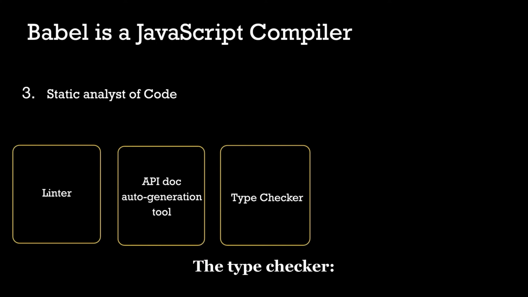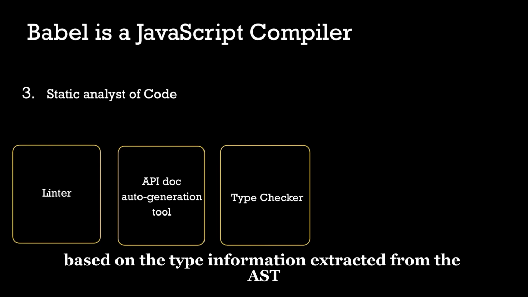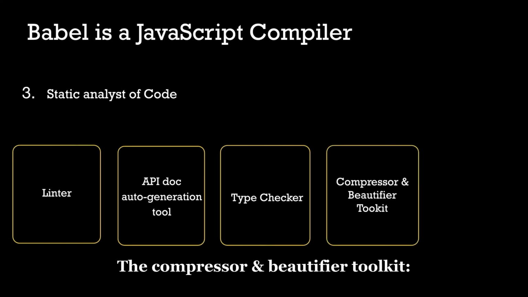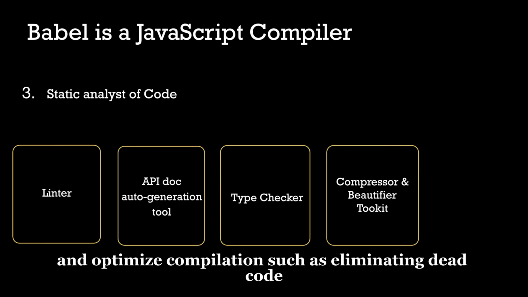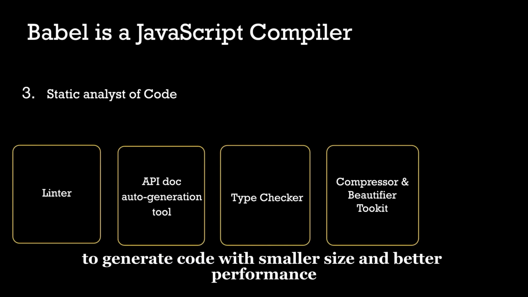The type checker will check the AST for type consistency based on the type information extracted from the AST, thereby reducing errors caused by types at runtime. Next will be the Compressor and Beautifier Toolkit. It's used to analyze the code structure and optimize compilations such as eliminating dead code, mangling variable names, constant folding, etc. to generate code with smaller size and better performance.